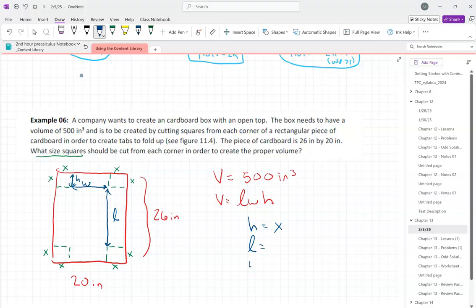What's the length going to be? Well, I know the whole box is 26 long, right? But what have we cut out from it? We've cut that and that. So it should be 26 minus 2x. What's the width going to be? Very good.